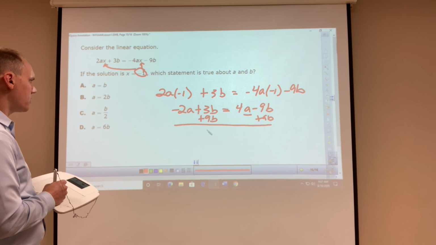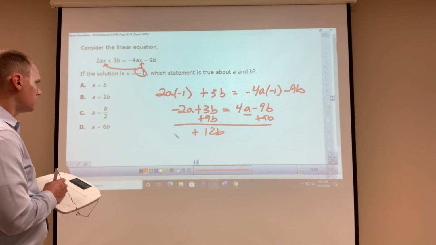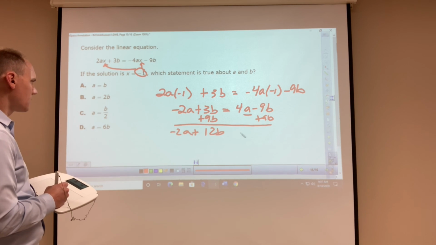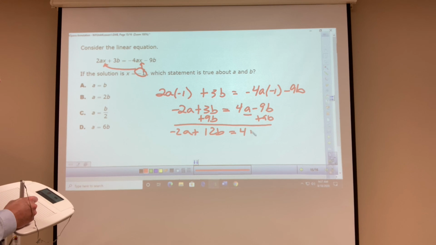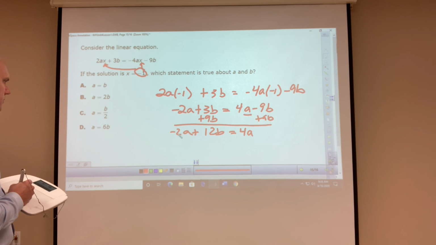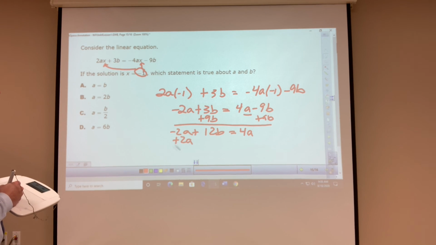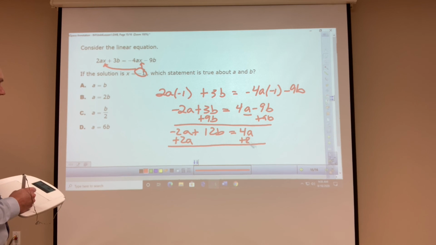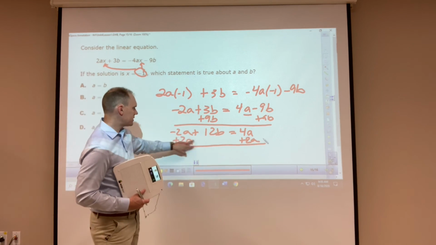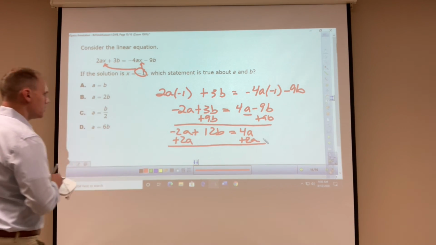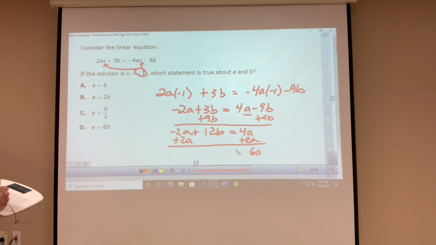It's going to give us 12b over here, and that's going to leave us 4a over here. If we add 2a to both sides, because we wanted to combine the two a's, it's going to be 6a equals 12b.